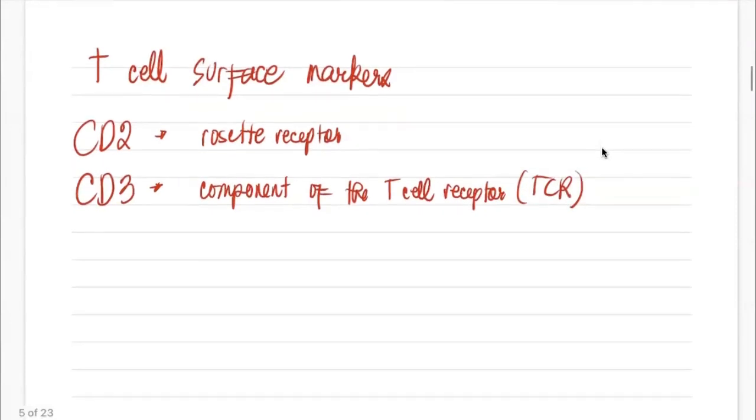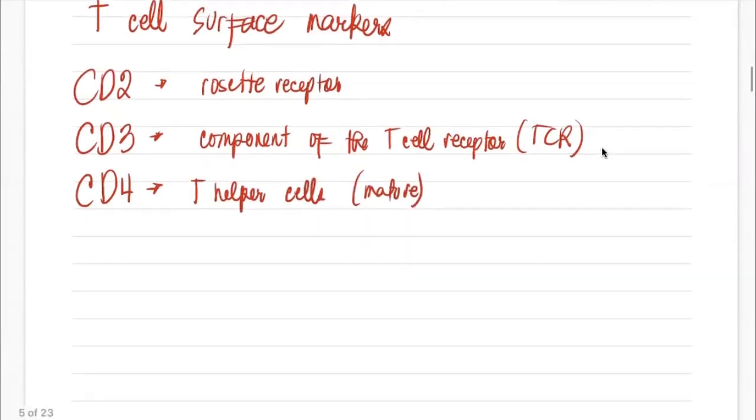Okay? Then we have CD4. Of course, yung CD4, ito yung nakikita natin sa ating T helper cells. So mature na to. This is for the mature T marker. Then we also have our CD5. Then we have CD7.